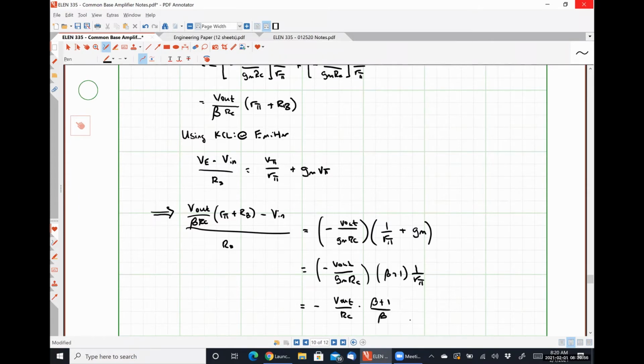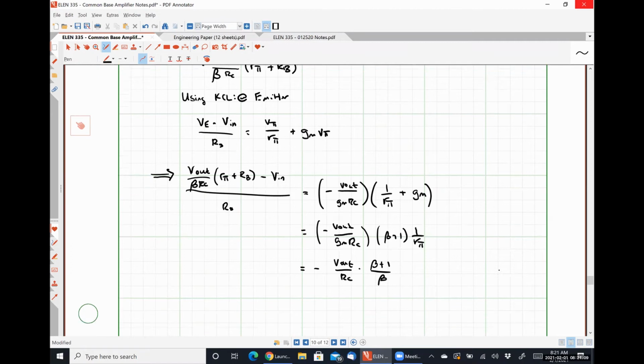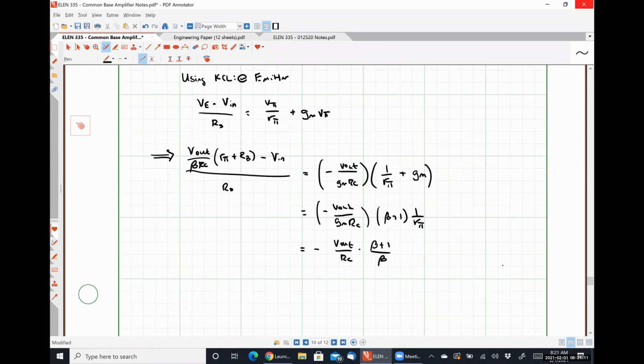I'm done manipulating the right-hand side. I'm simply using the relationship that 1 over R pi is equal to GM over beta. That's where that introduction of the beta term came from.